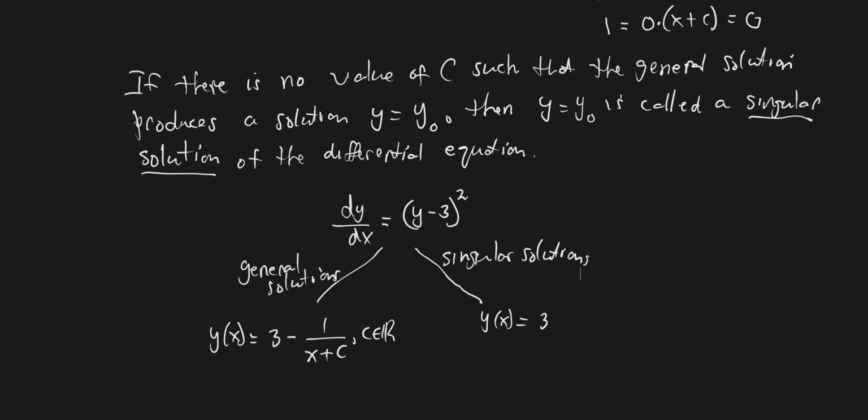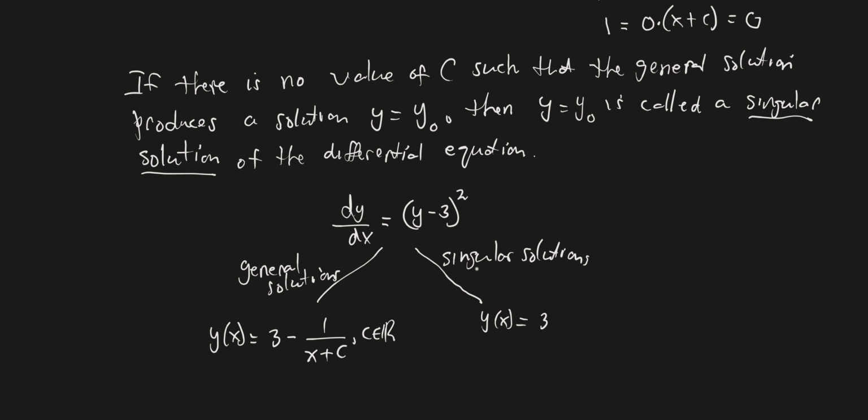That obviously goes beyond what we're doing right now, but it's just knowing what a singular solution is and being able to verify if a given constant function is a solution. That's fairly easy. That's what we did earlier when we differentiated the constant and plugged it into this side and checked that we get the same result.